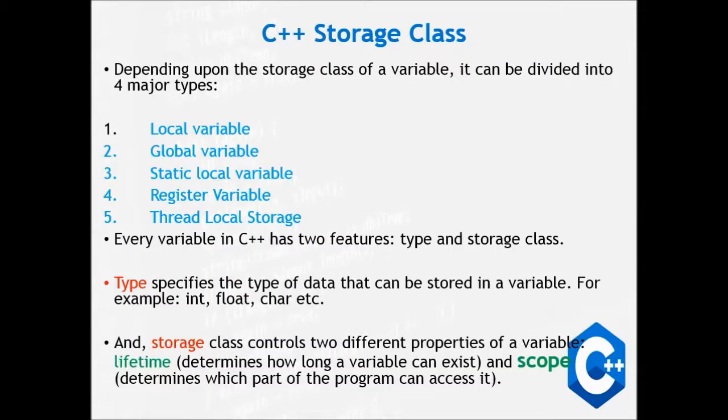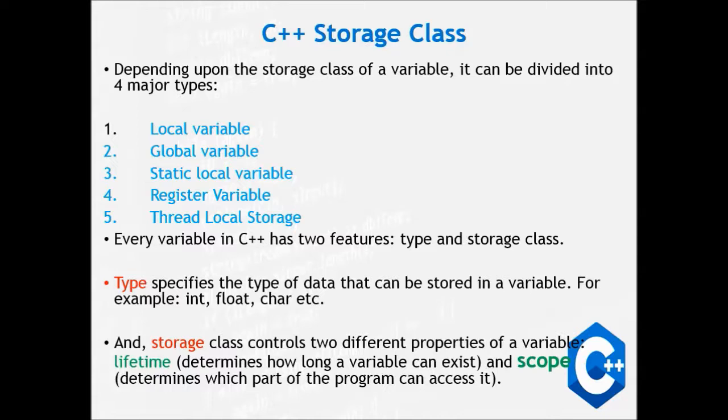Depending upon the storage class of a variable, it can be divided into major types: local variables, global variables, static local variable, register variable, and the last one, thread local storage.